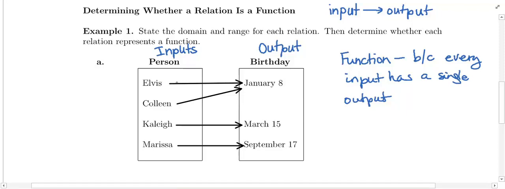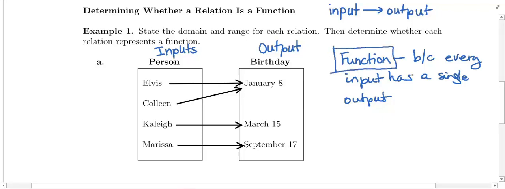It's fine for some person named Elvis to have a birthday of January 8th and for some different person named Colleen to also have the same birthday. That's fine. It makes sense. So it doesn't matter here that Elvis and Colleen are mapped to the same date. What matters here is that this is a function because every input has a single output. So definitely a function.